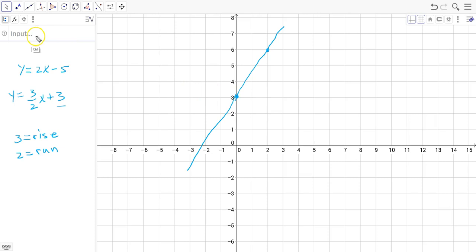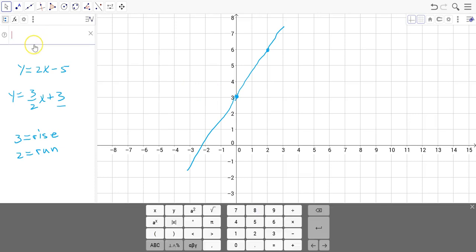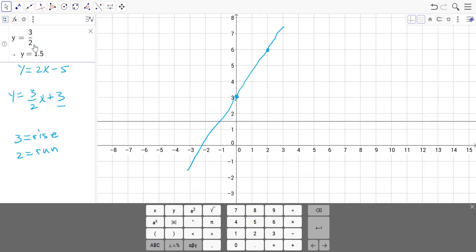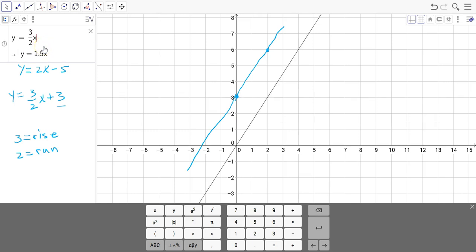Let's actually have Geogebra graph it here. So y equals 3/2 x. By the way, when you have a fraction like that, if you want to move out of the denominator, hit the right arrow button. Plus 3. And yep, there's our graph.